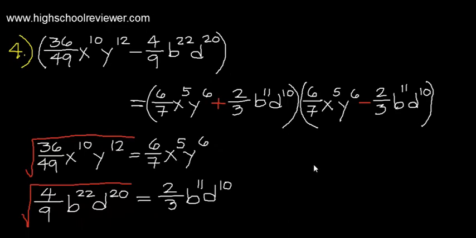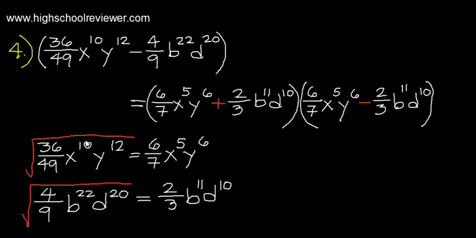And for number 4, we have the quantity of 36 over 49 x raised to 10 y raised to 12 minus 4 over 9 b raised to 22 and d raised to 20. Okay, 36 over 49 is a perfect square. 4 over 9 is also a perfect square.